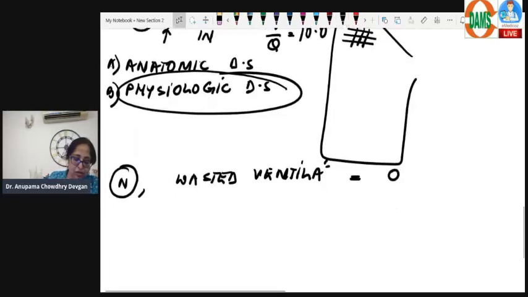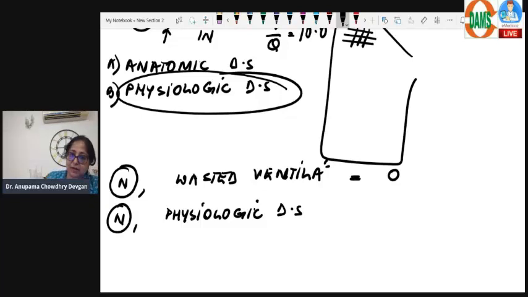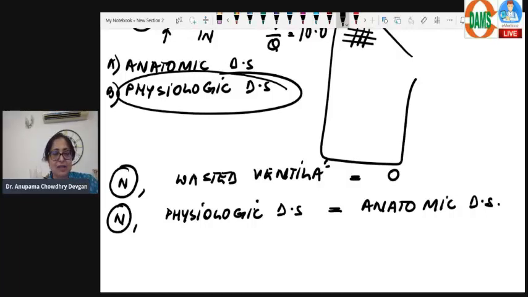So normally, the physiologic dead space is equal to the anatomic dead space. Normally, there is no wasted ventilation, so physiologic dead space is equal to the anatomic dead space.